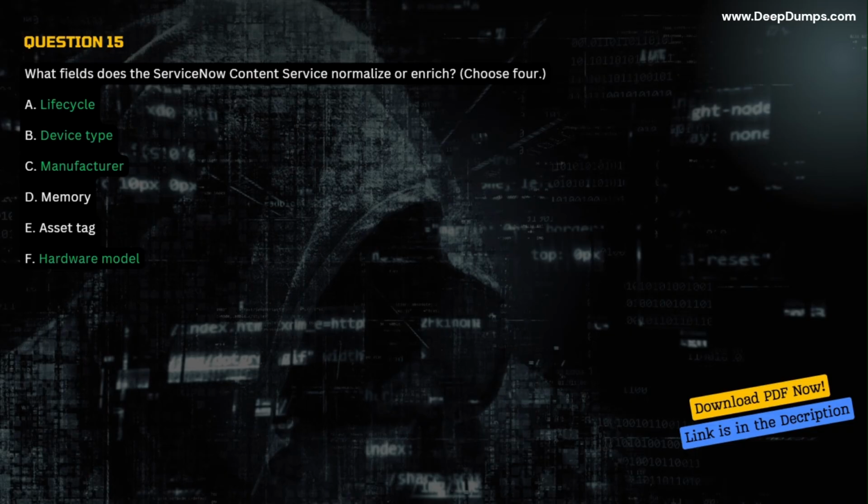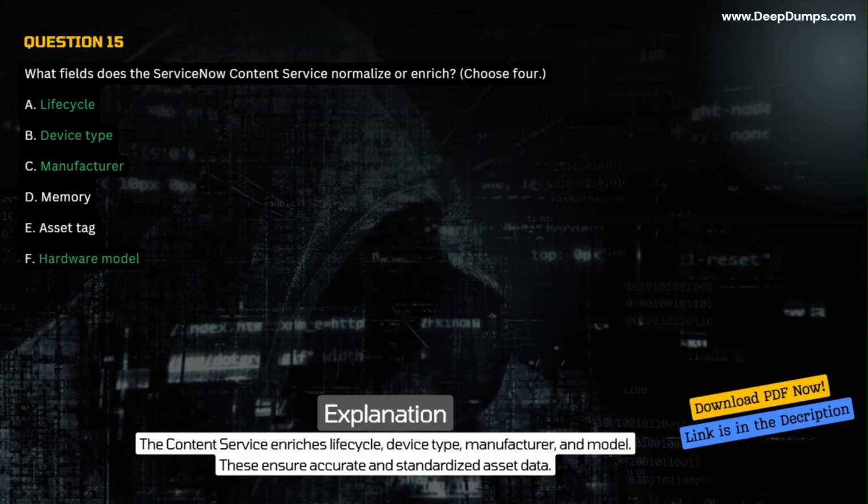Correct answer A, B, C, and F. Lifecycle. Device type. Manufacturer. Hardware model. Explanation. The content service enriches lifecycle, device type, manufacturer, and model. These ensure accurate and standardized asset data.